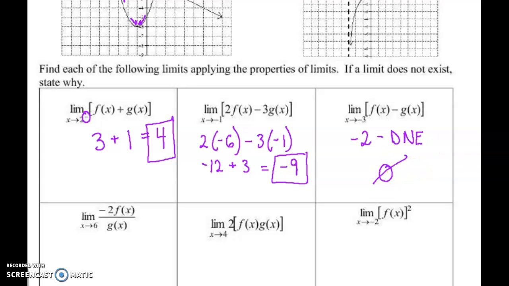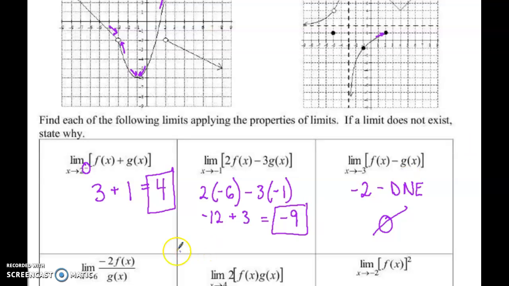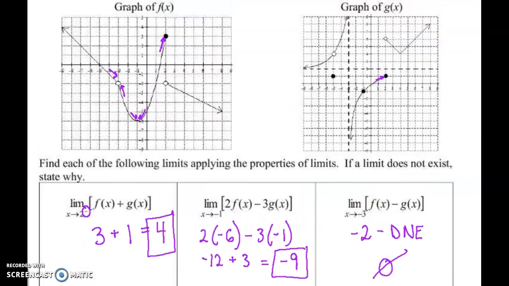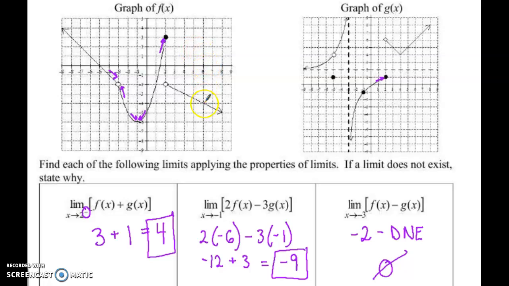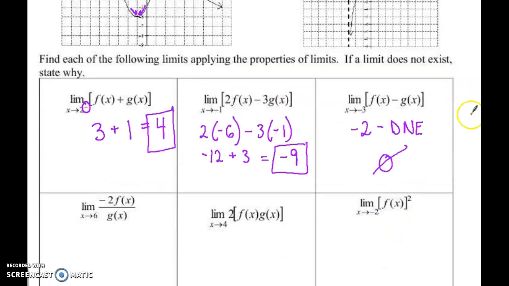That does not work. So as we look at the limit as x approaches 6, I'm looking at 6 because it's a continuous function right here. It's pretty clear that f of x is -4.